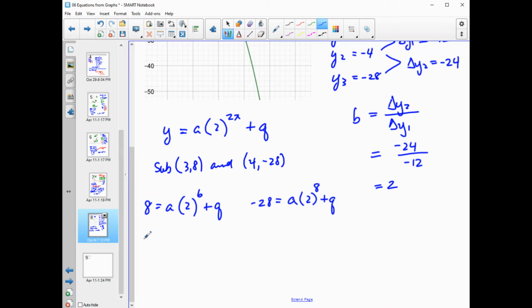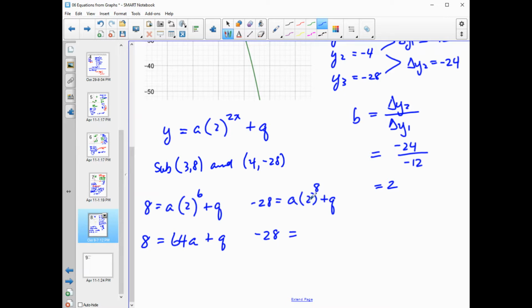So this ends up being 8 equals 2 to the power 6, which is 64, so 64a plus q. And -28 equals 2 to the power 8. It's getting into awkwardly large numbers now.